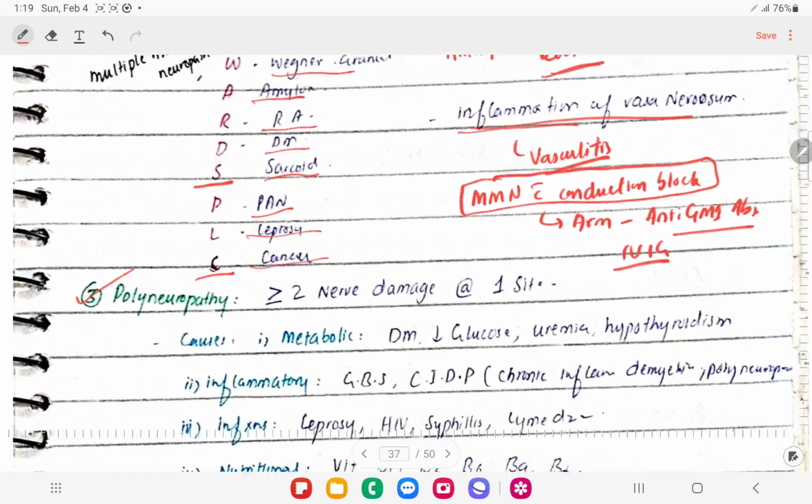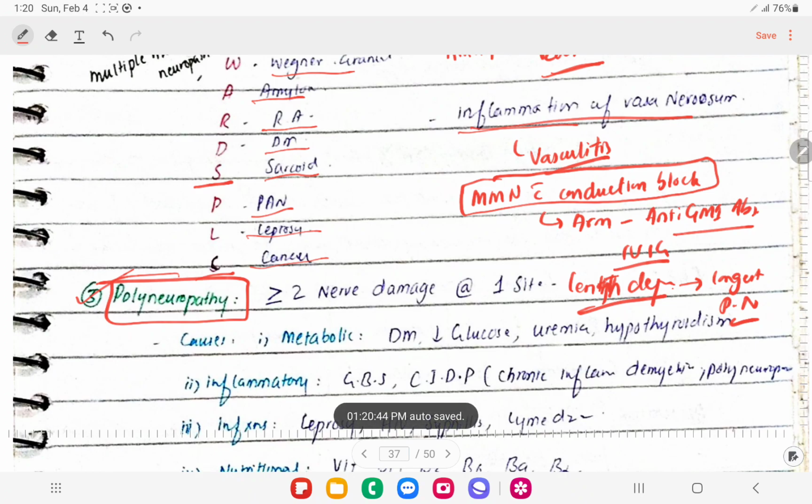So let's talk about polyneuropathies, right. In polyneuropathy, usually it is length dependent, right. That means the longest peripheral nerves are involved first in these patients, right? This means mostly the lower limbs are affected in polyneuropathy.